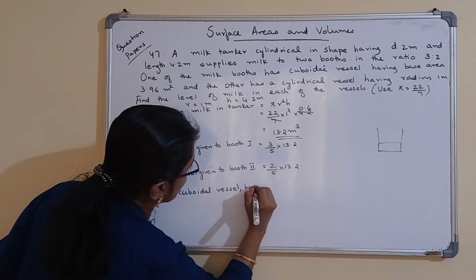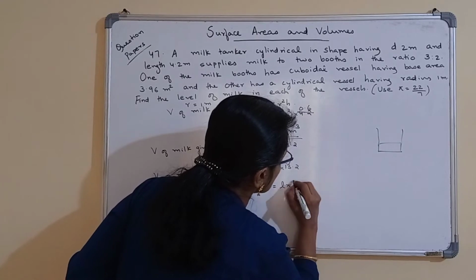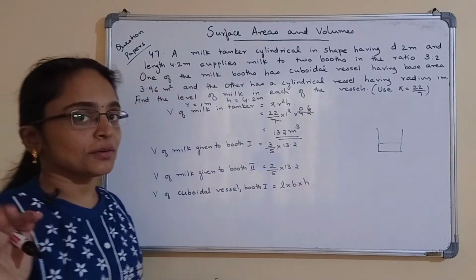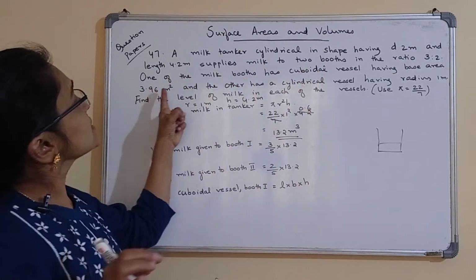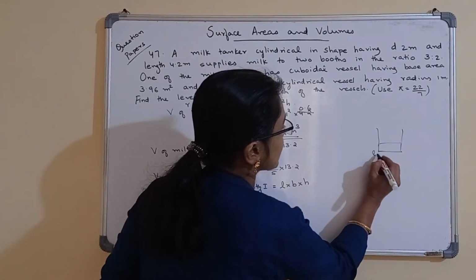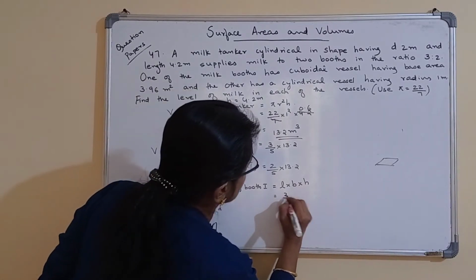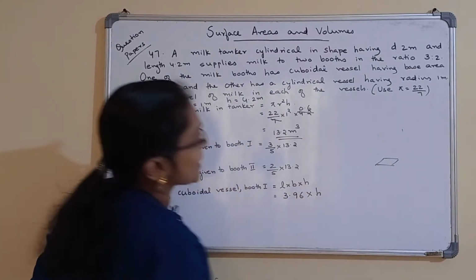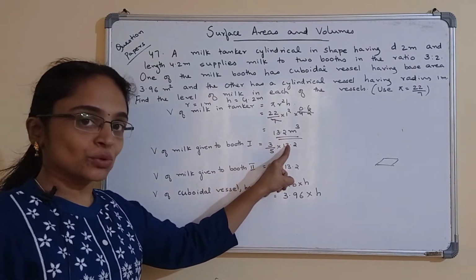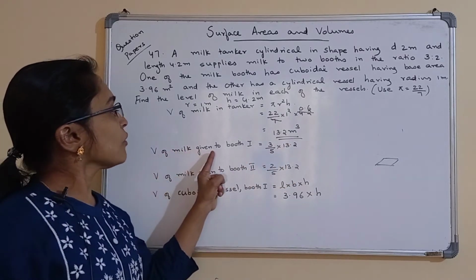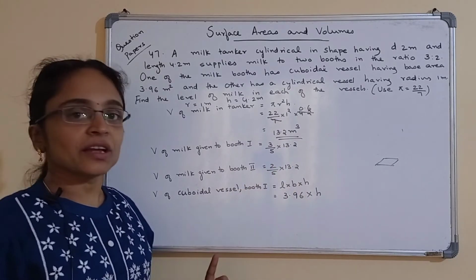So booth 1, volume of cuboidal vessel for booth 1 is equal to L into B into H. Volume of a cuboid is L into B into H. And given that base area is 3.96 meter square, that is length into breadth. So length into breadth is 3.96 into H. Okay, and this is equal to 3/5 into 13.2 because we got volume of milk given to booth 1 as 3/5 into 13.2. From that we can find H, right?